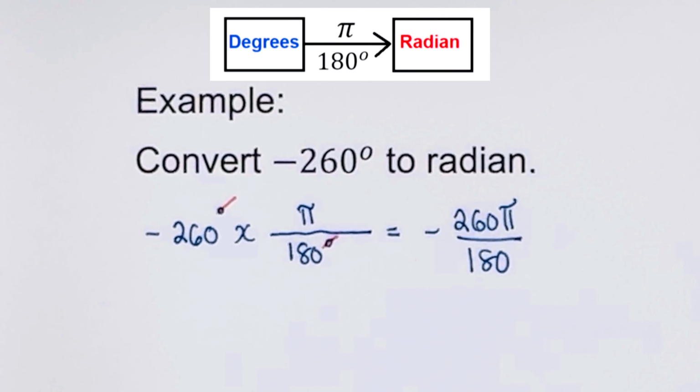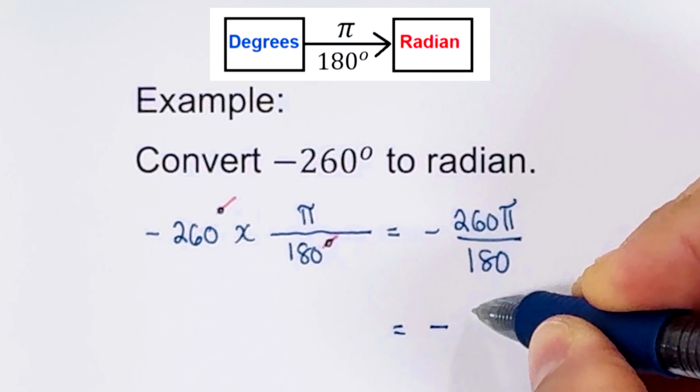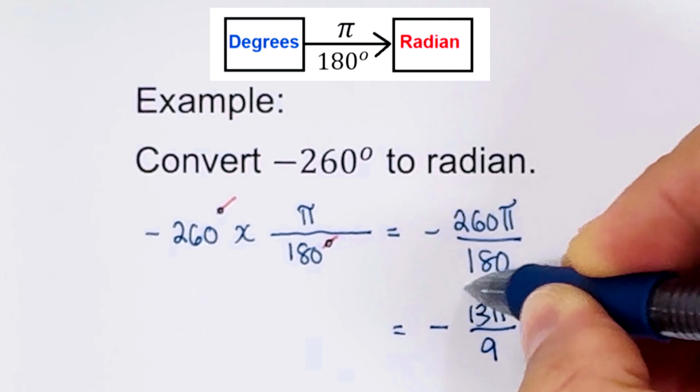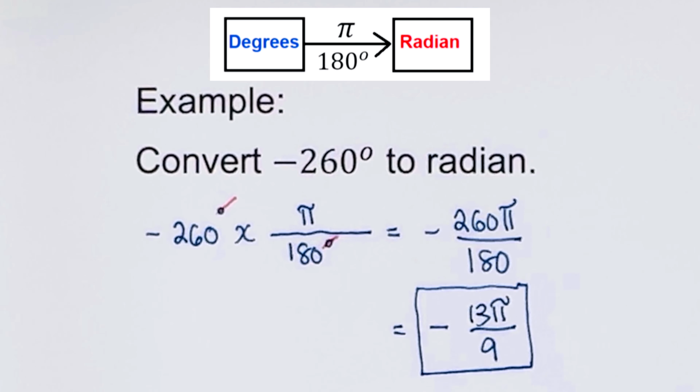Both of them are divisible by 20. 260 divided by 20 is 13, while 180 divided by 20 is 9. So this is actually negative 13 pi over 9. This is the equivalent radian measure for negative 260 degrees.